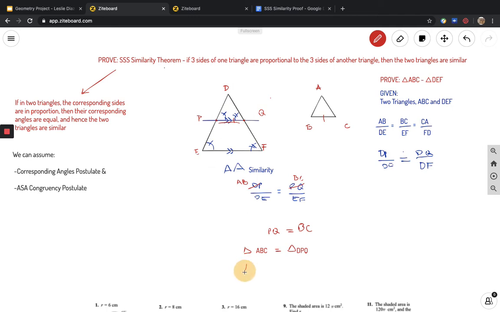So we can derive that triangle ABC is similar to triangle DEF.